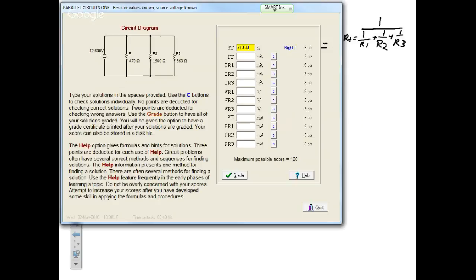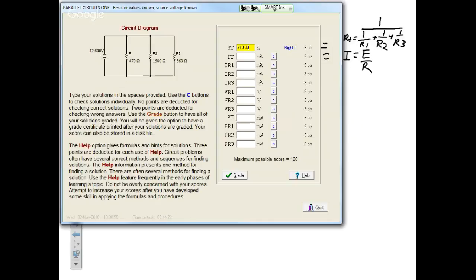What formula do we want to use for IT? We already know VT, so let's just simply use Ohm's law to calculate the total. I equals E over R. So that's 12 volts, or 12.6, I'm sorry, divided by our total resistance of 218.13.